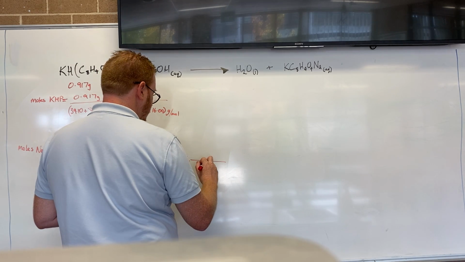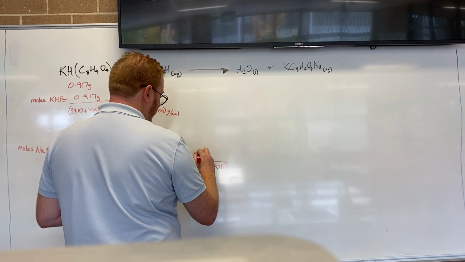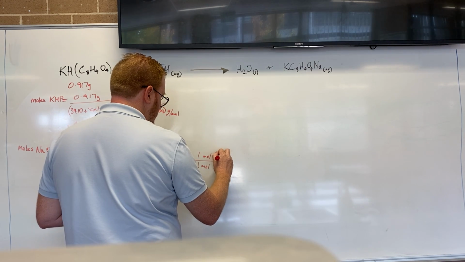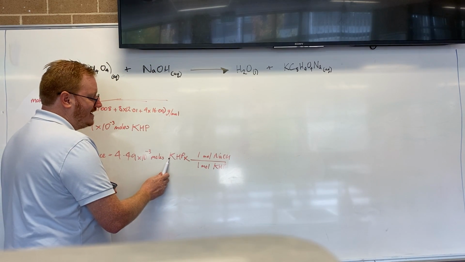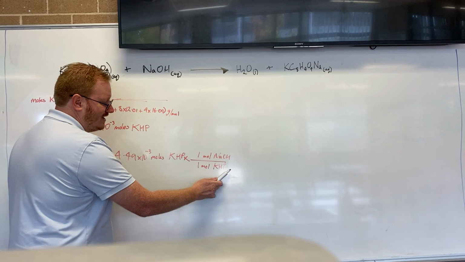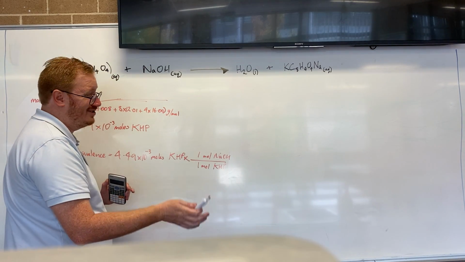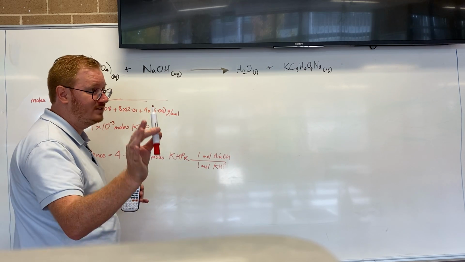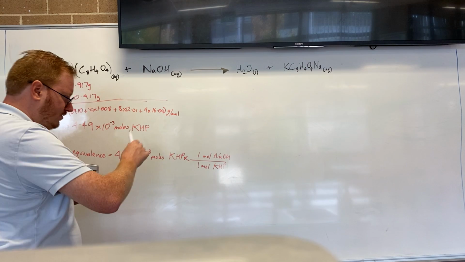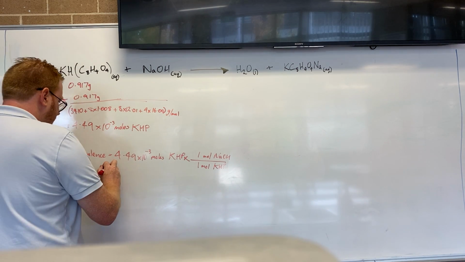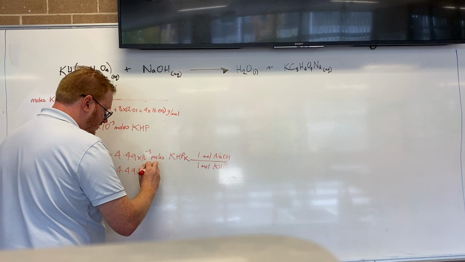That's a 1-to-1. 1 mole KHP to 1 mole sodium hydroxide. Notice the fractions this way around, so that the KHP moles up the top cancels with the KHP moles down the bottom, okay? Now it didn't matter because it's 1-to-1 here, but don't make that mistake when it's 2 to 7. And you go, oh, is it 2 to 7 or 7 to 2? Do it right all the time. Okay, so at equivalence, we must have the same number of moles of sodium hydroxide.